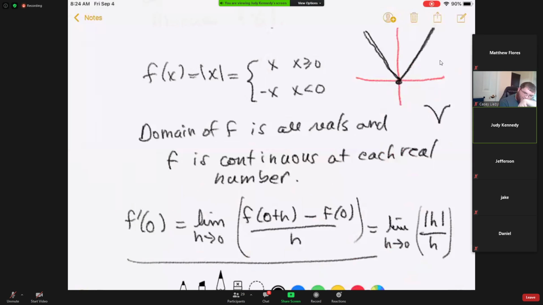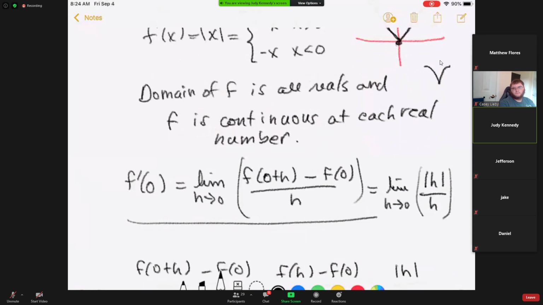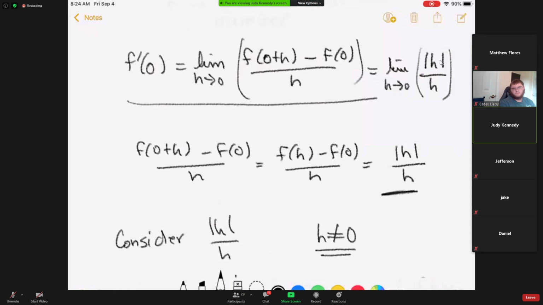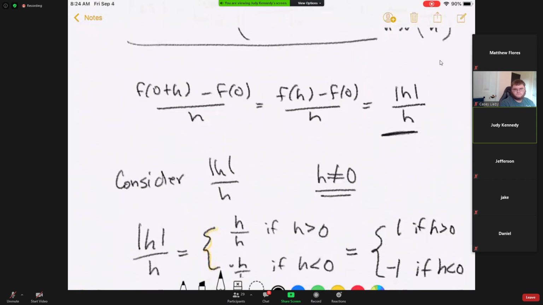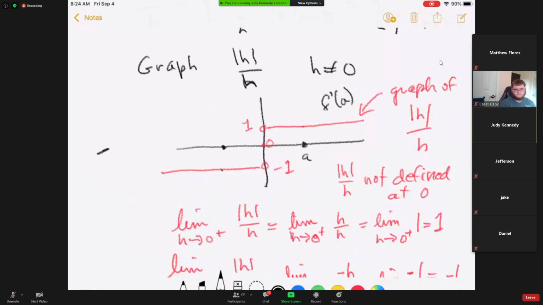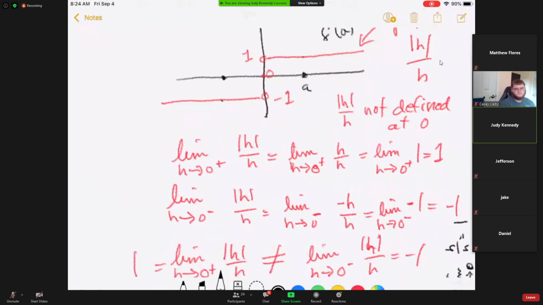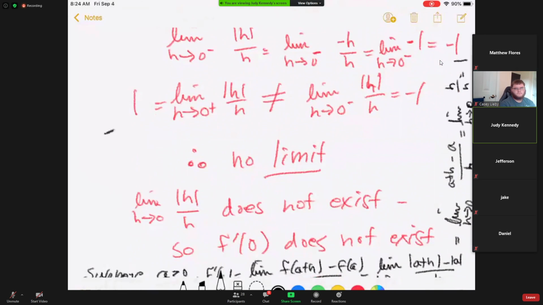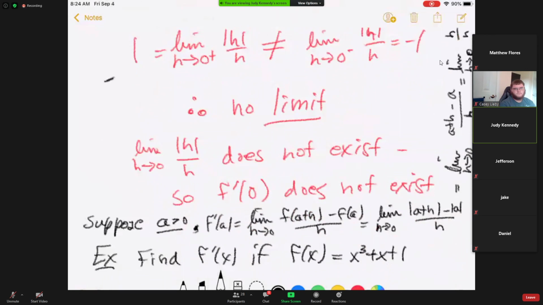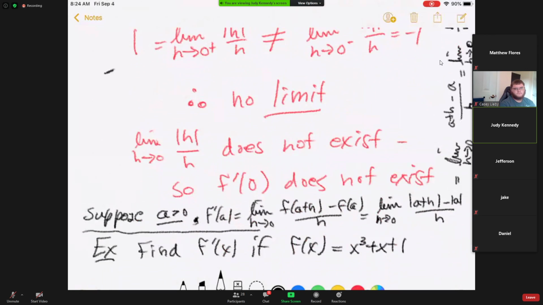You're not going to have a derivative at a corner or a cusp. There are actually continuous functions that don't have a derivative anywhere. That was kind of a surprise to mathematicians when they figured it out. But that's a little beyond us. Our functions are a little simpler. Any questions?